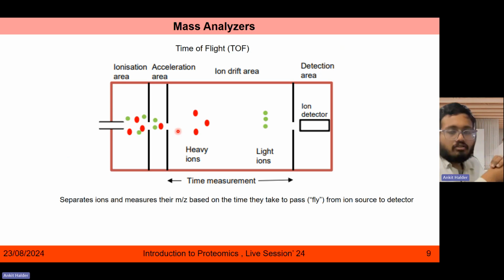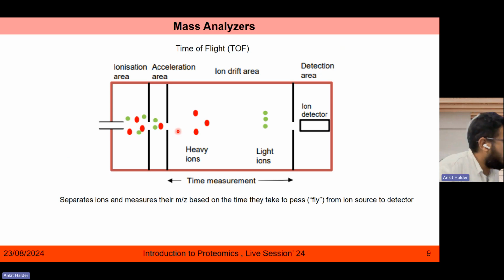Among the analyzers, one that is used widely is the TOF, and I spoke very briefly about the TOF when I explained MALDI. One of the limitations is that if we are coupling MALDI with TOF, MALDI-TOF MS, it gives only singly charged ion species, and if those peptides are of greater length, then it will need a very long time of flight to detect the time taken by those to reach the detector, right?